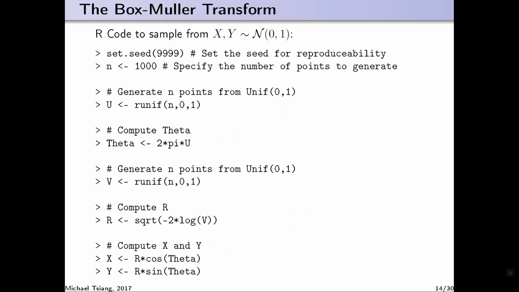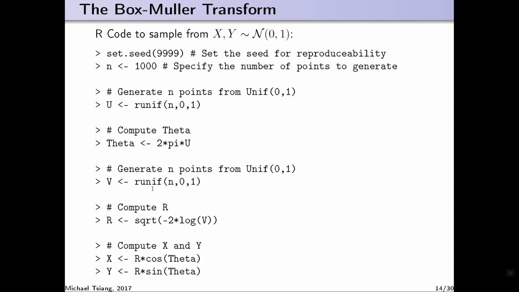Again, thank you to Dr. Tseng for writing all of this out. Here we'll just generate 1,000 random values. We're going to say u is coming from runif, and theta is going to be 2 times pi times u.